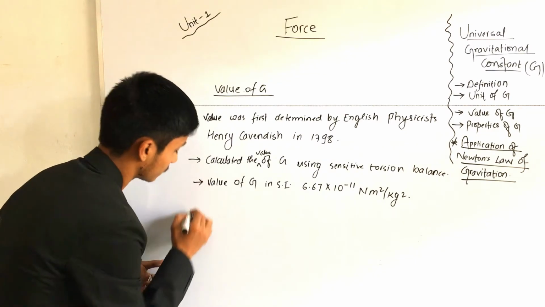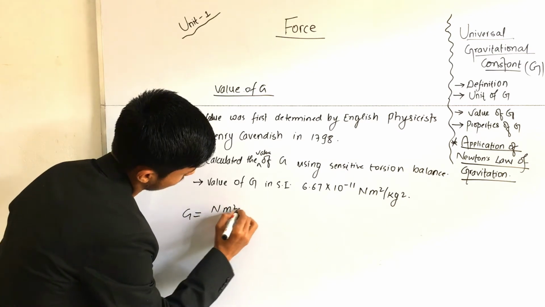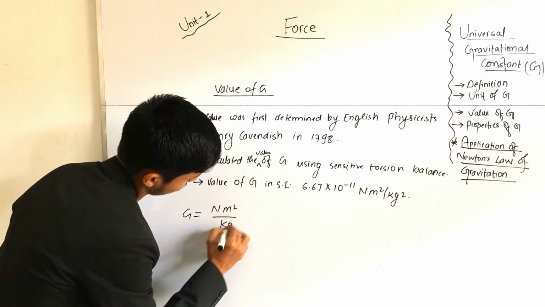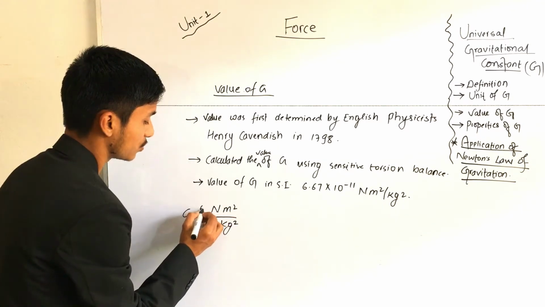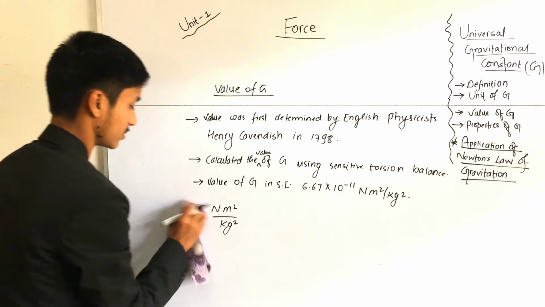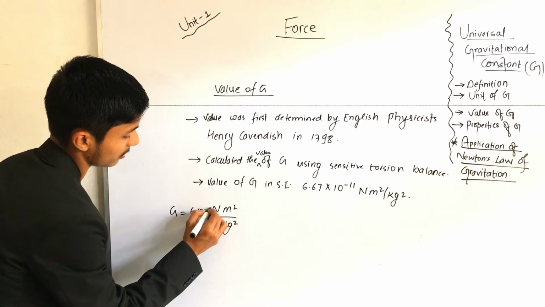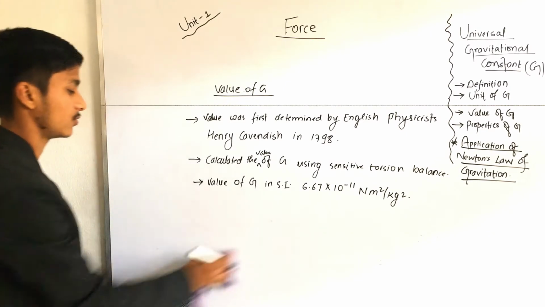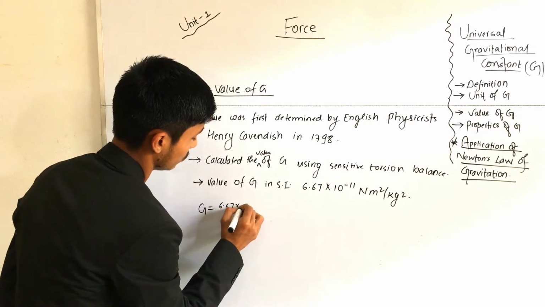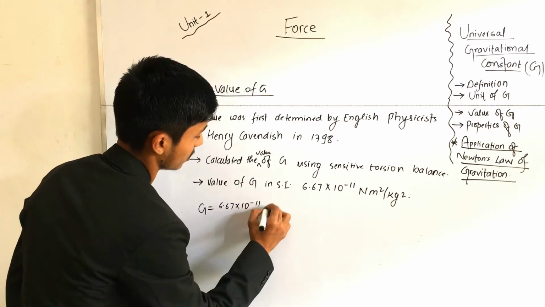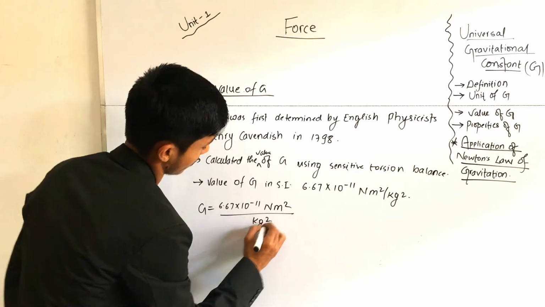Here we know that G is equal to 6.67 into 10 to the power minus 11 Newton meter square per kg square.